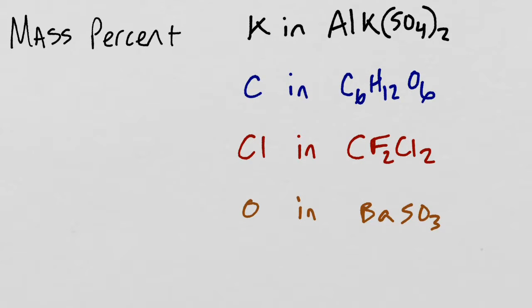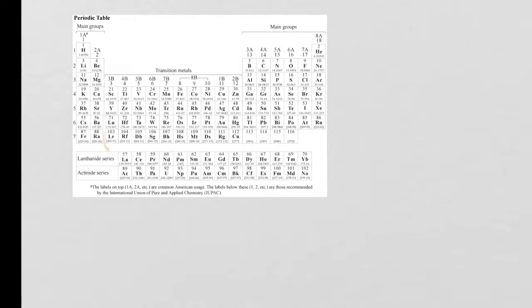Alright. Let's go first with the potassium in the aluminum potassium sulfate. We need some molar masses, first off, we need the total formula mass. So aluminum is 26.9815 grams per mole.